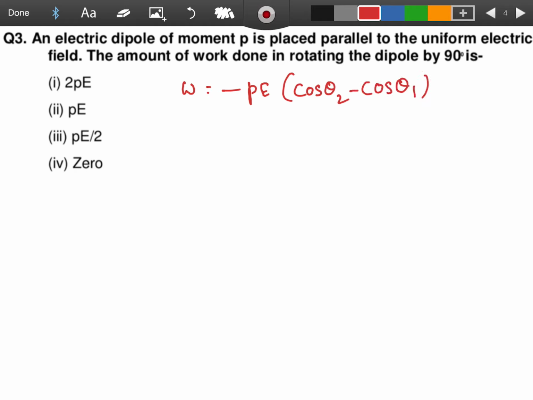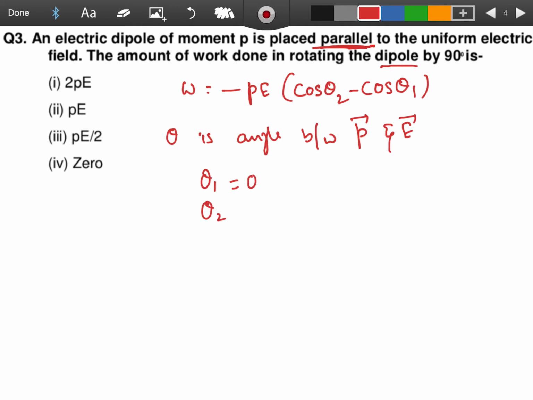Now what is theta here? Theta is the angle between P bar and E bar. Now how much is theta 1, how much is theta 2? Initially it was parallel. Parallel means the angle is 0, and we are rotating the dipole by 90 degrees.